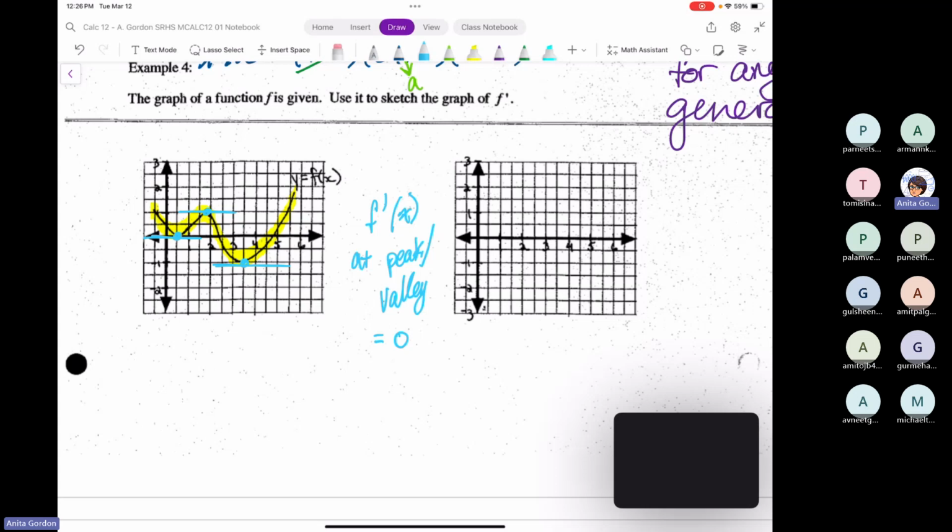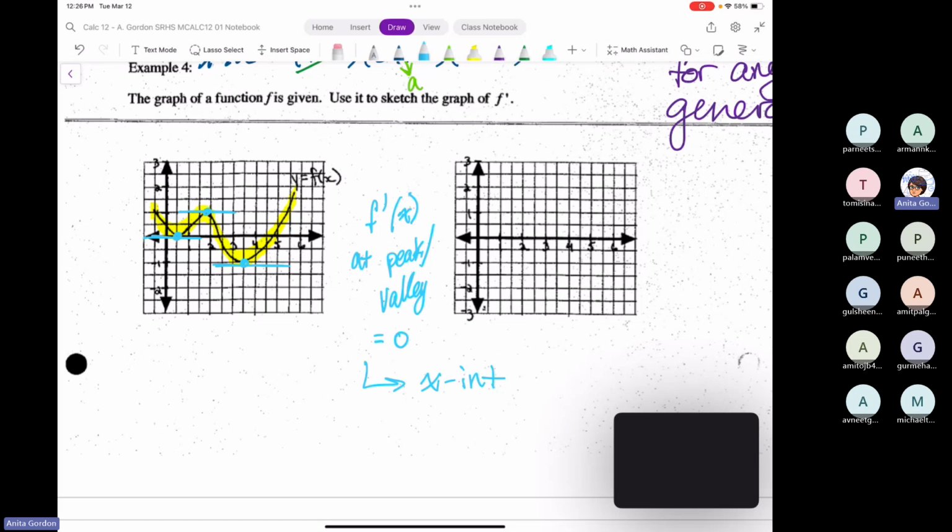And when it stops and comes back down, that is the peak of that graph. So the derivative, the velocity of a falling object, is 0 at the top of the arch, right? So when I go to draw the velocity function or the rate of change function or the derivative function, the peaks and valleys represent where the graph is 0. In other words, they become the x-intercepts of the derivative graph.